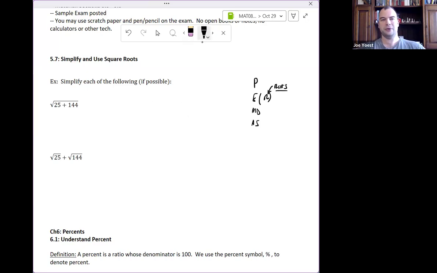They're treated as though they're in parentheses. We want to do that sum first, and then we want to square root. So 144 plus 25 is 169. And then if we ask, what is square root of 169?